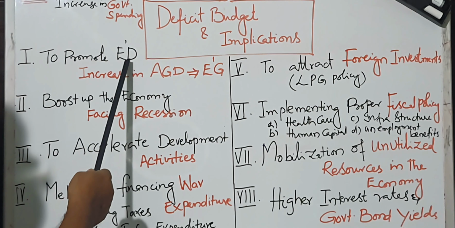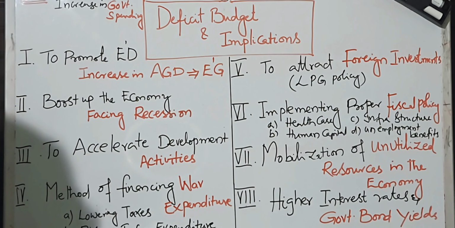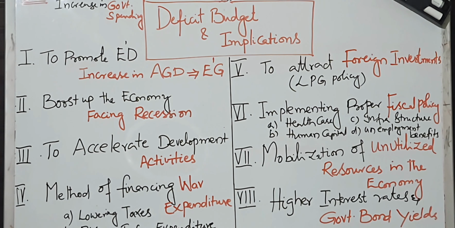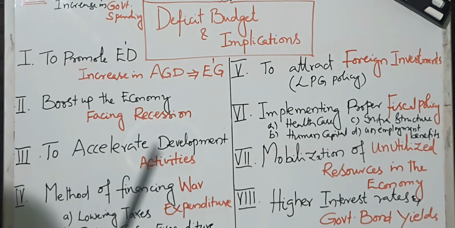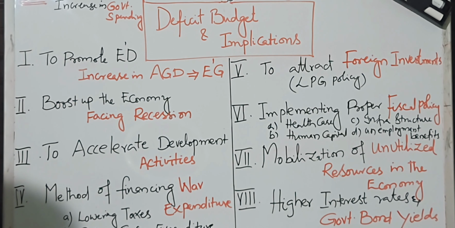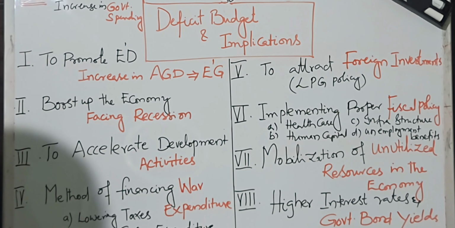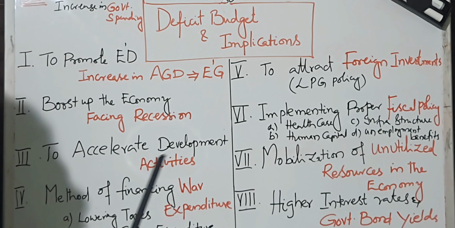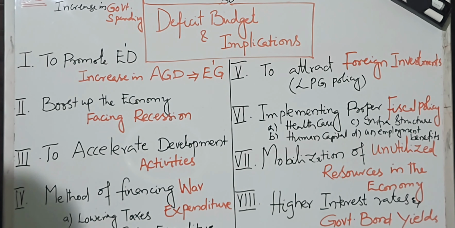What is economic development? Economic development means, along with the increase in the national income or per capita income of the people, there should be a change in the structure of the economy.